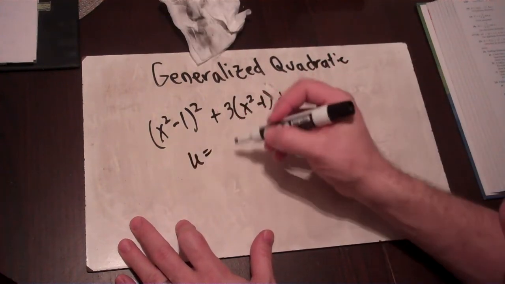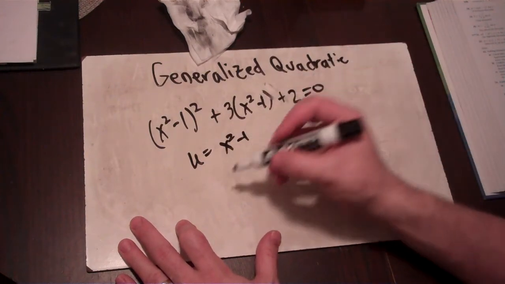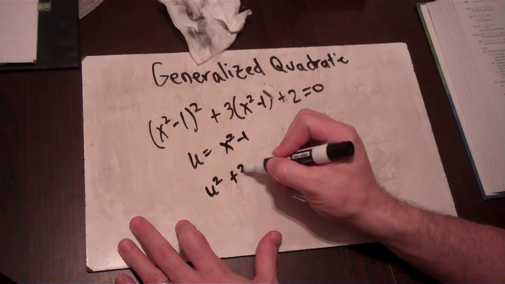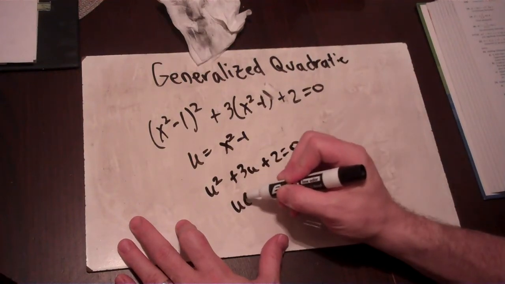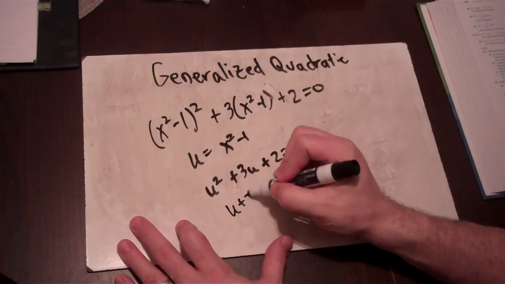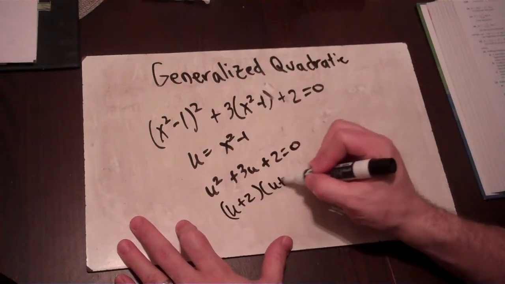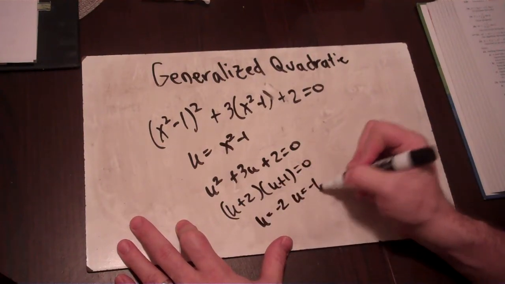Then I could let u equal the thing that looks like the x if it was a quadratic, u = x^2 - 1, and so then I get u squared plus 3u plus 2 equals 0. So this is (u + 2)(u + 1) = 0. So u equals negative 2, u equals negative 1.